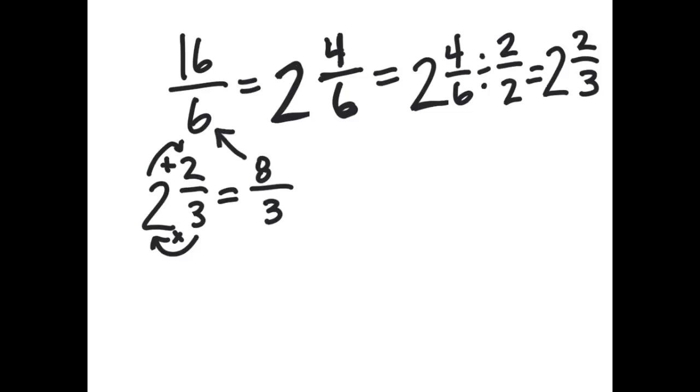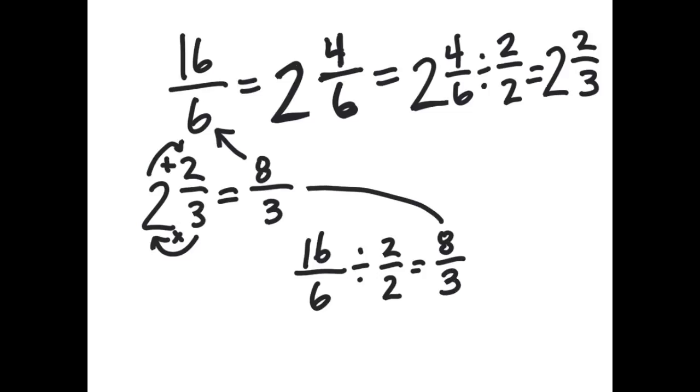We didn't have 8 over 3, but I can see that 16 over 6 can be reduced. It can be simplified. And if I divide both the top and the bottom by 2 over 2, then I get 8. 6 divided by 2 is 3. And there is my answer. So 8/3 is the same as 16 over 6, and it's also the same as 2 2/3.